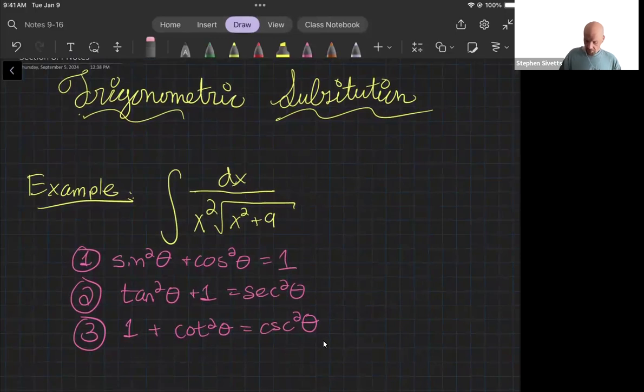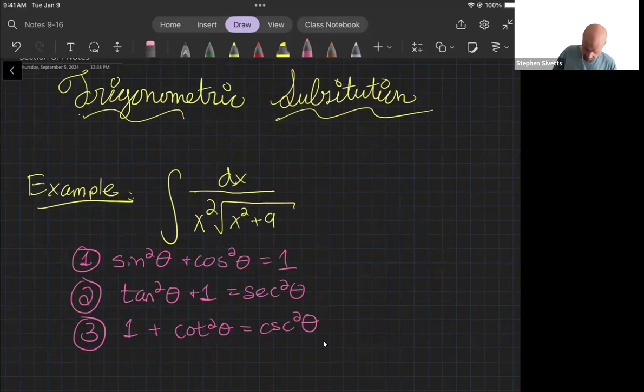What if I want to integrate dx divided by x squared times the square root of x squared plus 9? Well, we wouldn't use an ordinary u-sub, because that would be a little more complicated to perform. So we're going to have to use trigonometry.